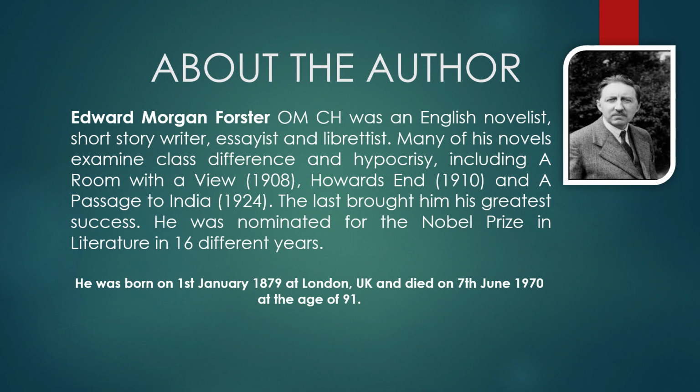The last brought him his greatest success. He was nominated for the Nobel Prize in Literature in 16 different years. He was born on 1st January 1879 in London, United Kingdom, and died on 7th June 1970 at the age of 91.